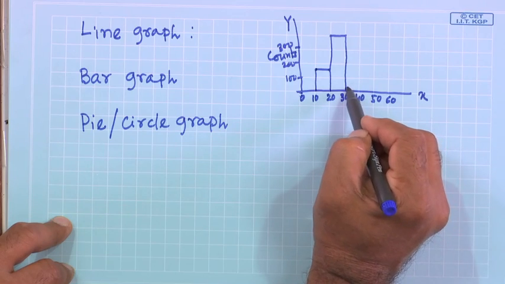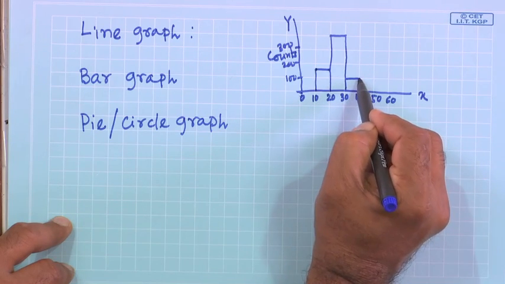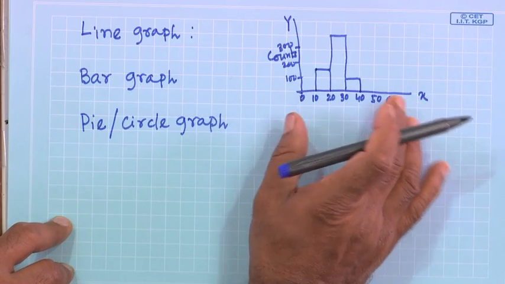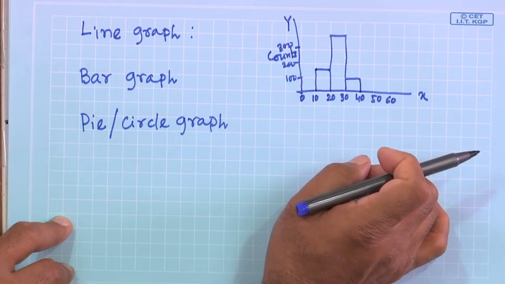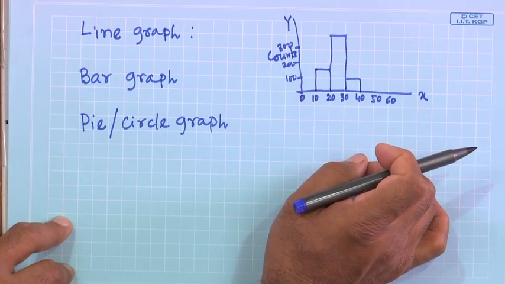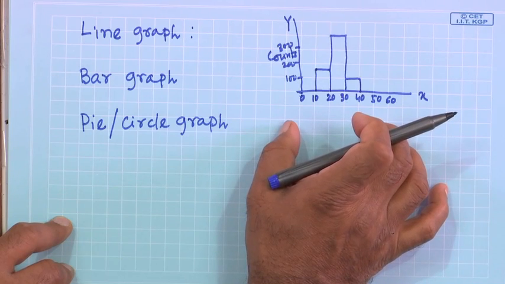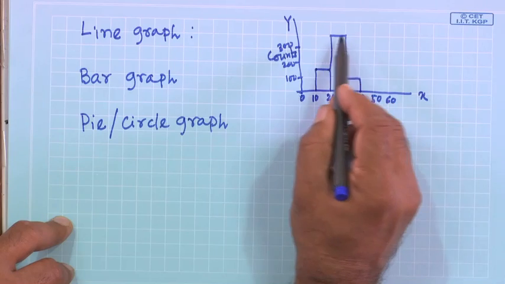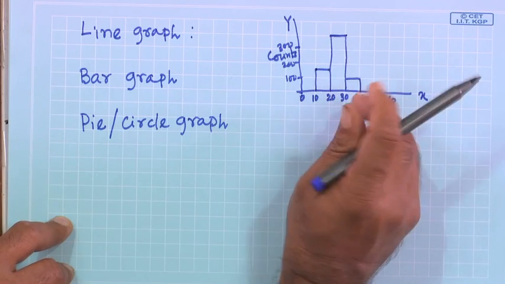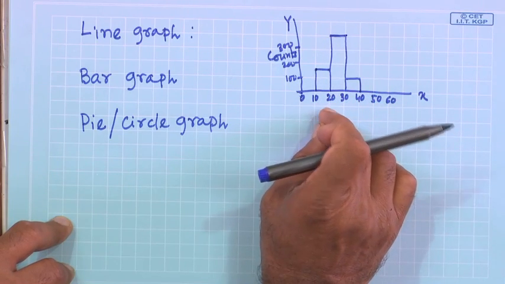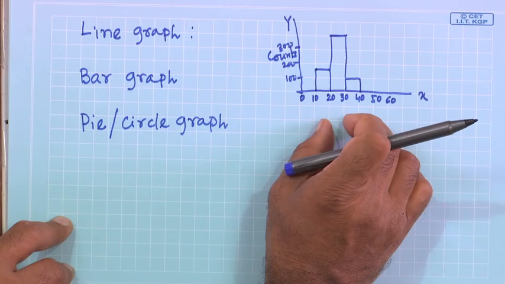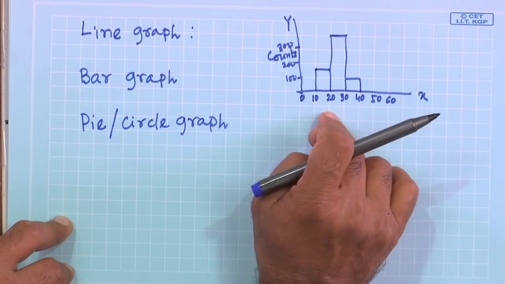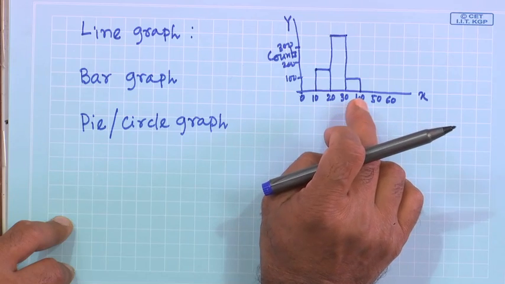For 30 to 40 there are 100 particles. So, it is easy to compare this way. Between 20 to 30, the graph shows the maximum number of particles, or the maximum number of students within the age 20 to 30.